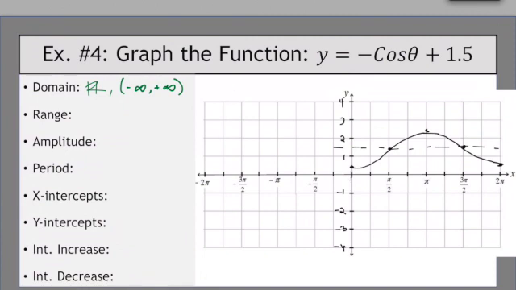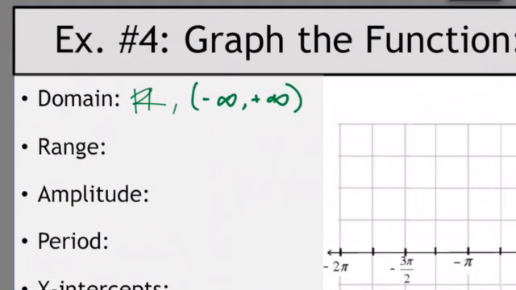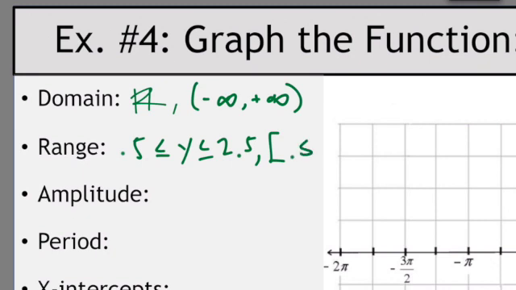The range, let's see, the lowest number is 0.5 and the highest number is 2.5. Let me do it as an inequality first. And if we do this in interval notation, it would be [0.5, 2.5]. Whoops, that should be a bracket because it's equal to it.